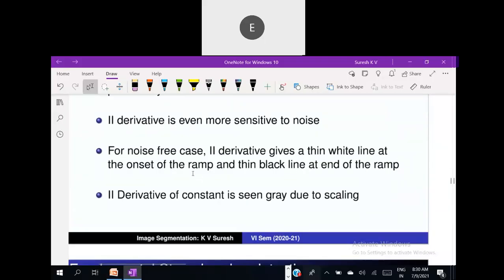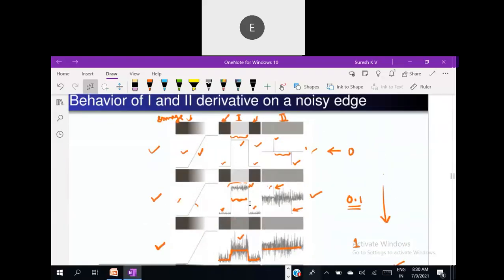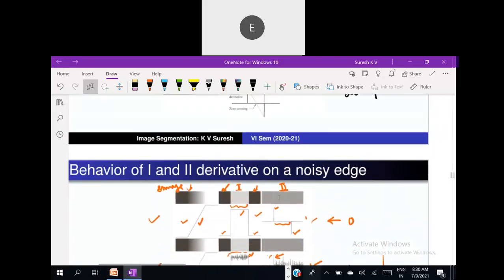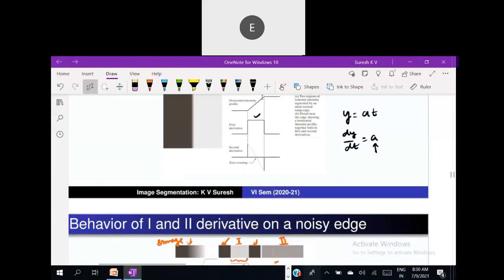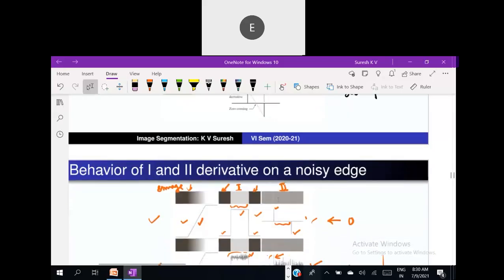Okay. Now the second derivative of a constant, actually it is 0, all of you know, but notice here it is shown as a gray shade. So don't think that this is true. Actually, to show this result, they have scaled everything. Observe here, in the ramp region, the second derivative has to be 0. So if it has to be 0, this should have been looking dark, just like what you see here.